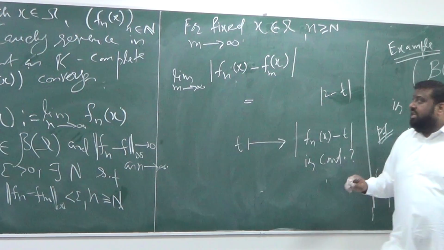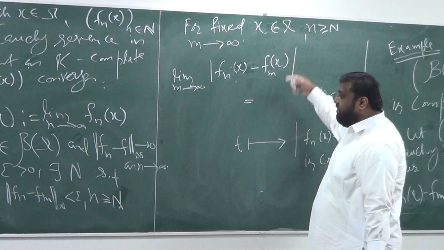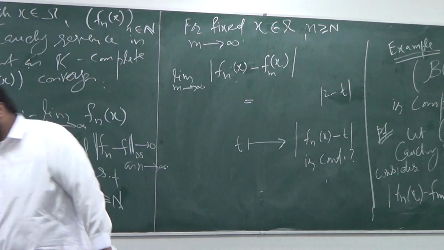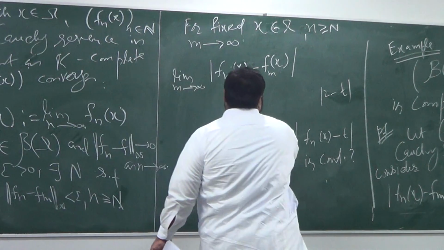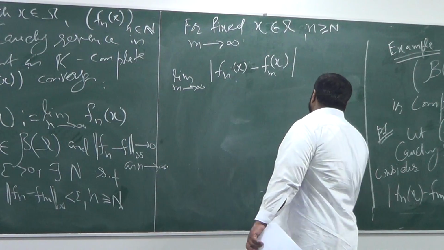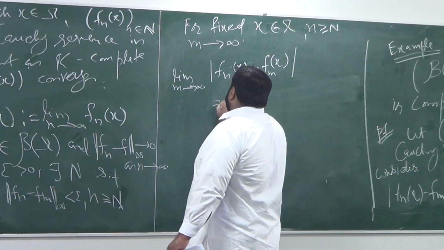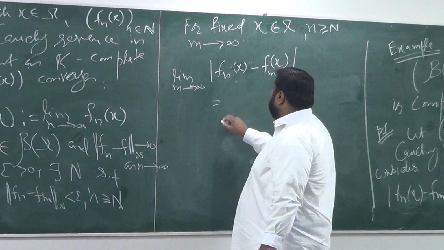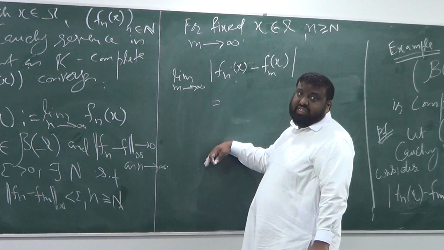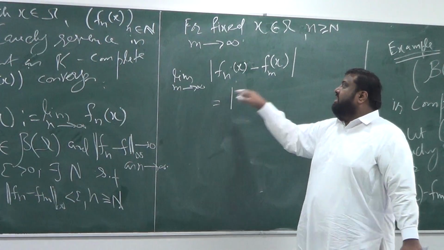So if it's a continuous function, in other words, if I fix this guy and keep on varying it, then since that function that I wrote is a continuous map, I can take this limit inside.